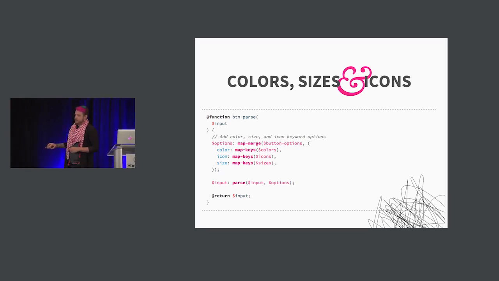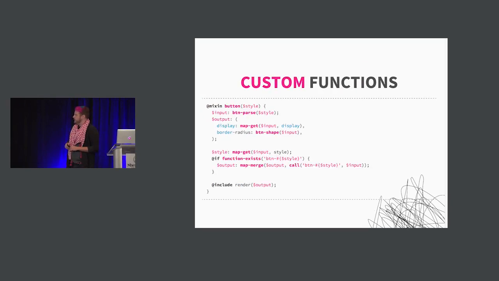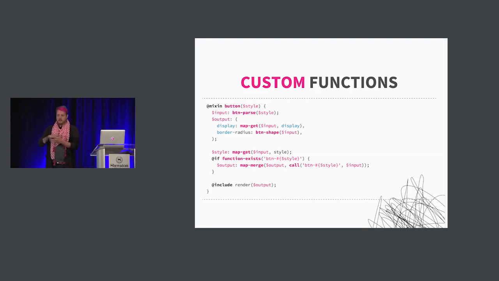And then we parse with that in mind and return our input. So now we have a little bit more complex mixin. It's using our button-parse so that it can check color, size, keyword, shape, icon, and block or display.